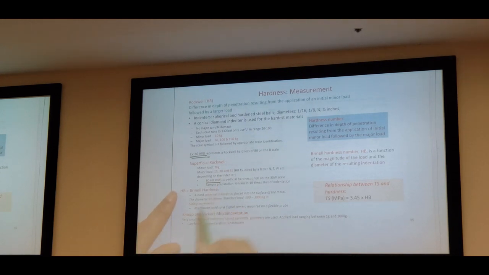So that is the superficial Rockwell. In the case of Brinell hardness, again, a spherical indenter is forced into the surface of the metal. The diameter is 10 millimeter. What is the difference between Rockwell and Brinell hardness? Here, the diameter is measured. The standard load is 500 to 3000 kilograms in 500 kilogram increments.